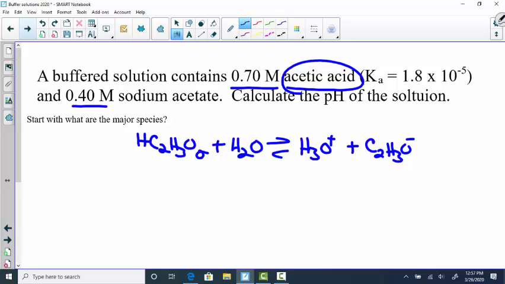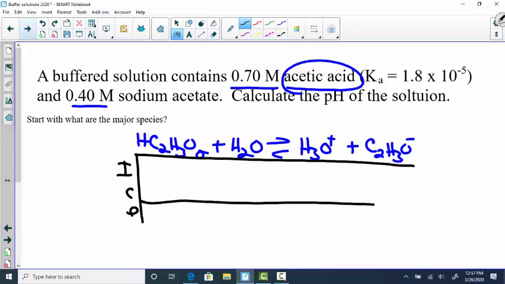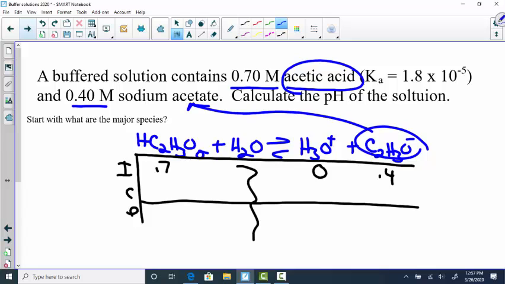Now we're just going to make our ice chart out of this. We have 0.7 molar of the acid. Water doesn't matter. This is 0 to start with, and this is 0.4 molar because that is the salt coming from the sodium acetate. You know this is the salt because it has the sodium with it.